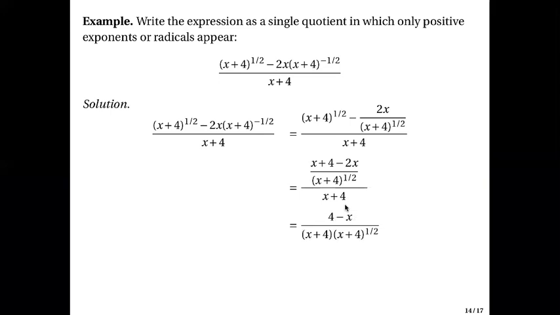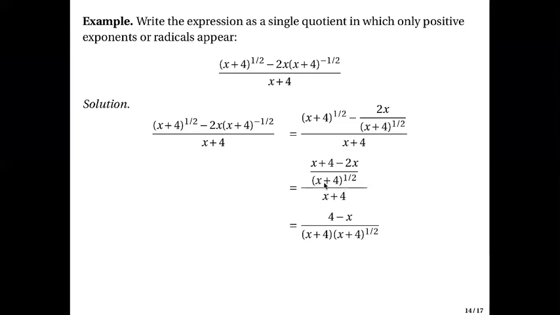So we will end up with this expression. So x plus 4 minus 2x, that's minus x. And then, of course, x plus 4 minus 2x, that's 4 minus x. You still have the 4 there.